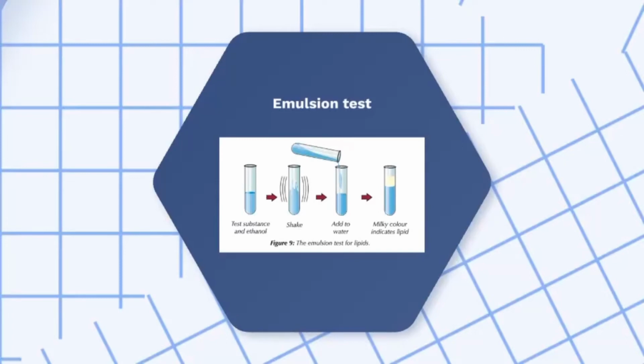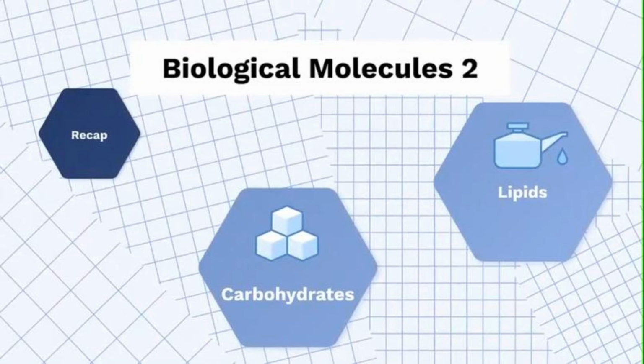Okay, just to recap what we've gone over today, we have looked at carbohydrates and lipids. Both are made up of carbon, hydrogens and oxygens. We learned about the structure of carbohydrates and how they are formed from monosaccharides that can form long chain polymers called polysaccharides, and that the bonds between the monosaccharides are called glycosidic bonds.